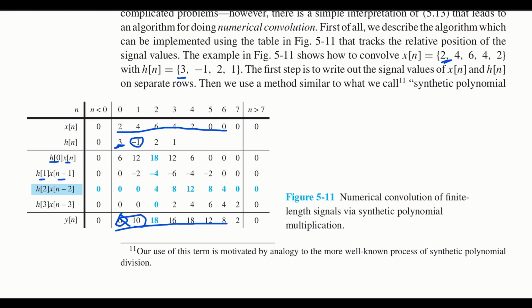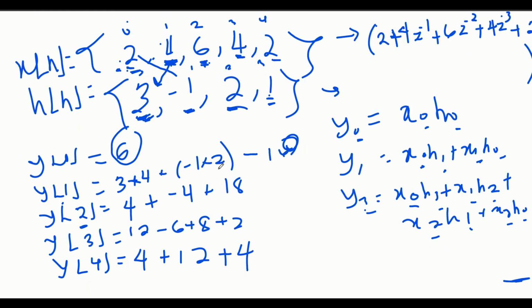The third one, we are supposed to do x of 0, h of 3, right? x of 0 is 2, h of 3 is 1. So 2 times 1 is 2, and that's what you see here.